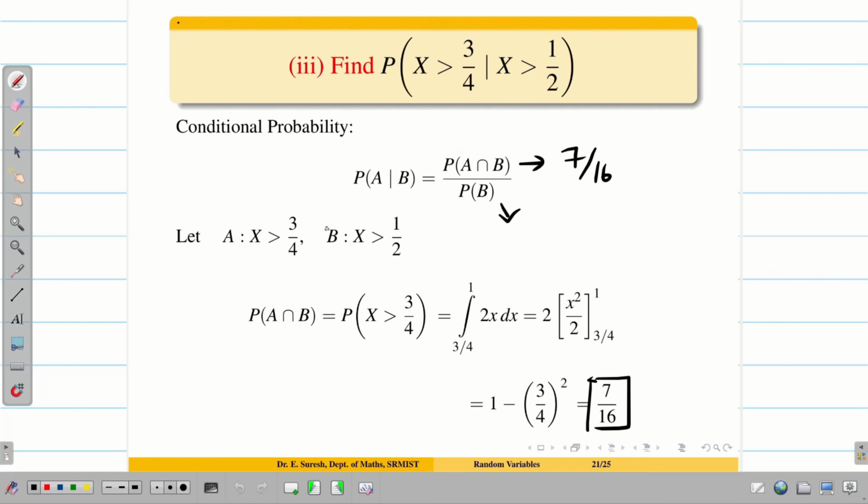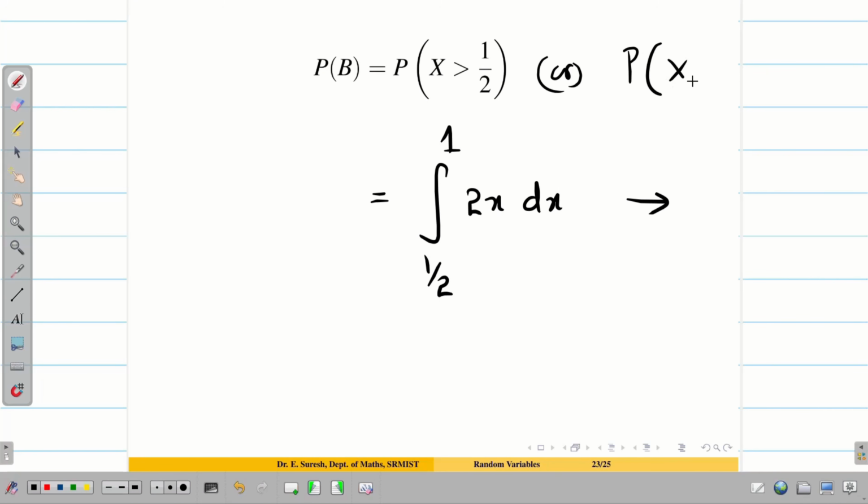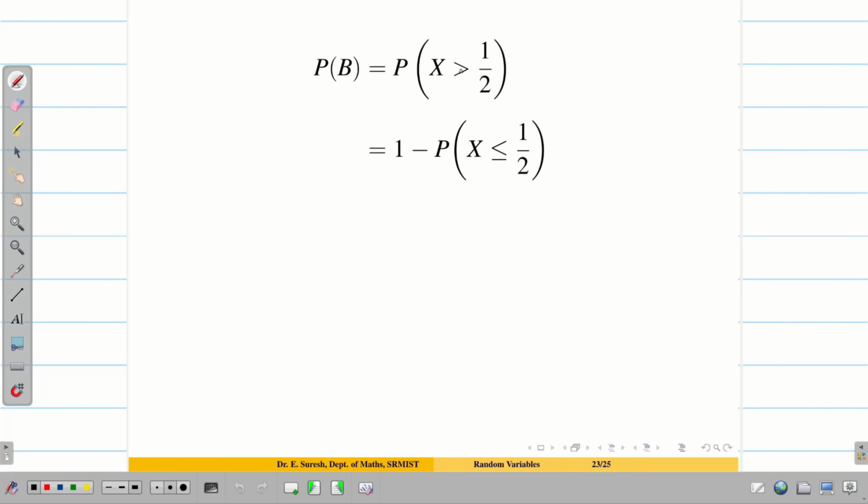Denominator is simply probability of x greater than 1/2. So it is very easy to find the answer. Integral 1/2 to 1 of f of x, which is 2x, dx. We can integrate and find the answer. Or since we found probability of x less than 1/2 in the first part of the problem, I can use the complement. So probability of x greater than 1/2, I can rewrite as 1 minus probability of x less than or equal to 1/2.